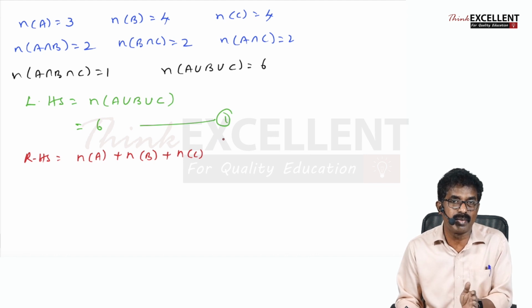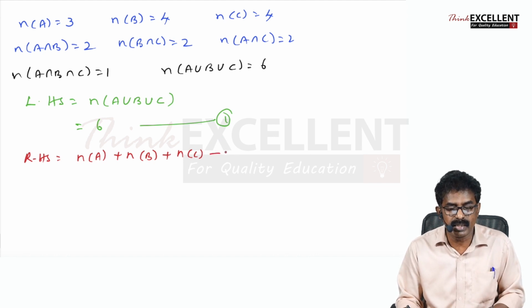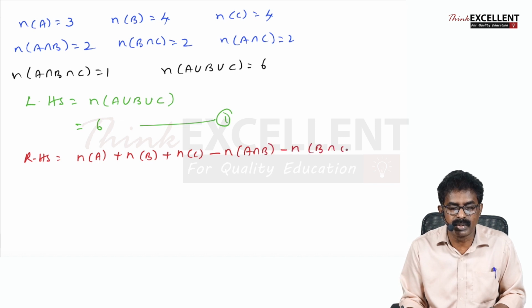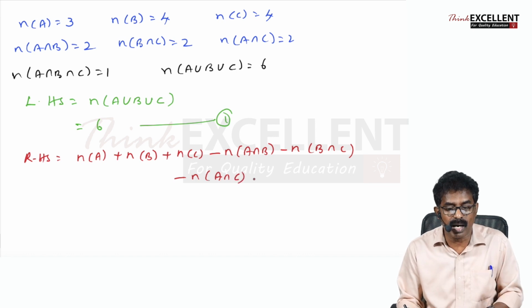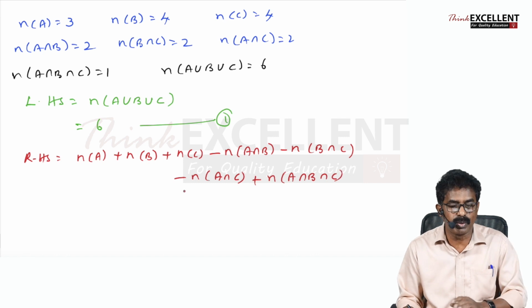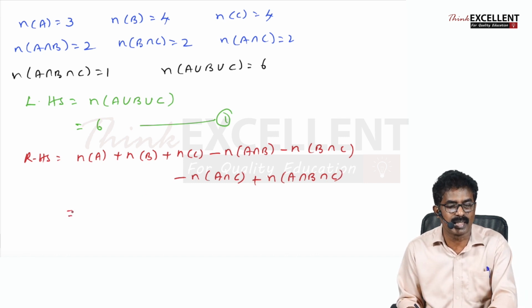Now we take two at a time, everything negative, right? Minus n of A intersection B, minus n of B intersection C, minus n of A intersection C. Now plus all the three at a time, A intersection B intersection C. Substitute and you check whether you are getting exactly 6.